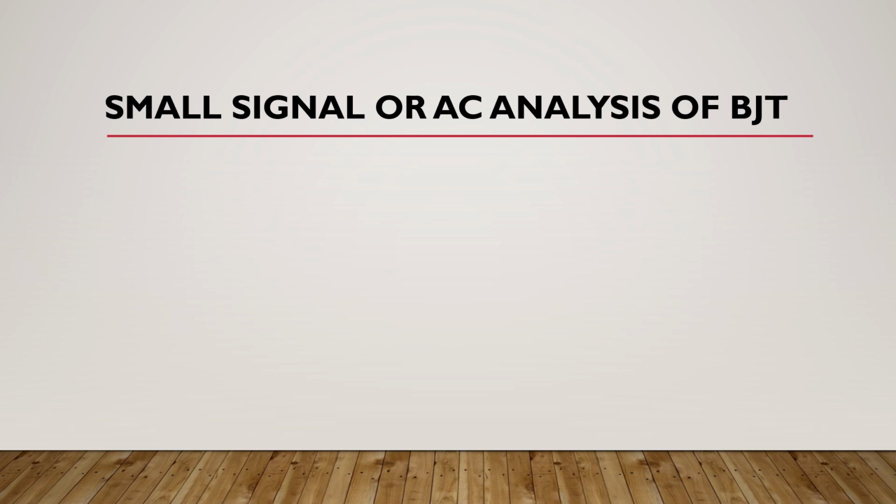Now we will understand small signal analysis of bipolar junction transistors, which is also known as AC analysis of BJTs. Small signal analysis allows us to do linear analysis of transistors.